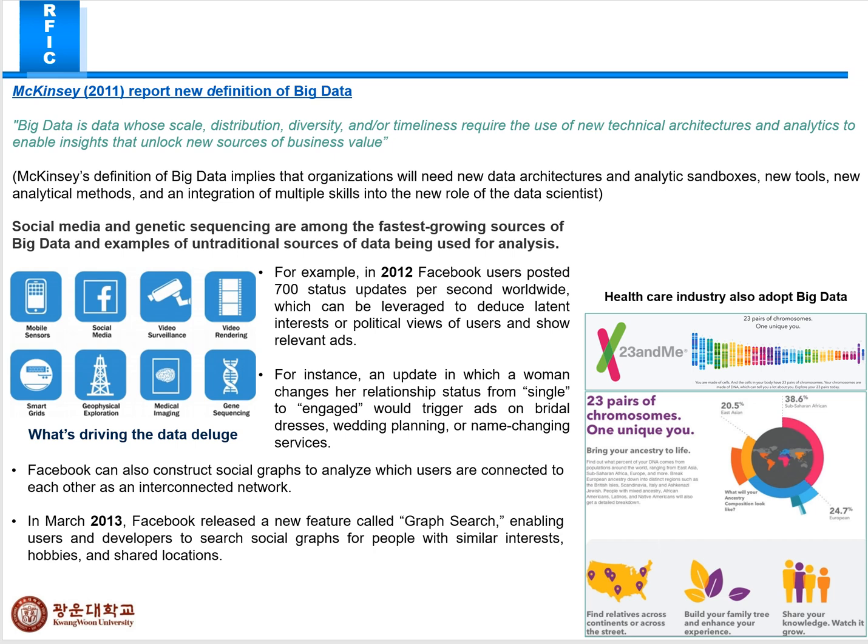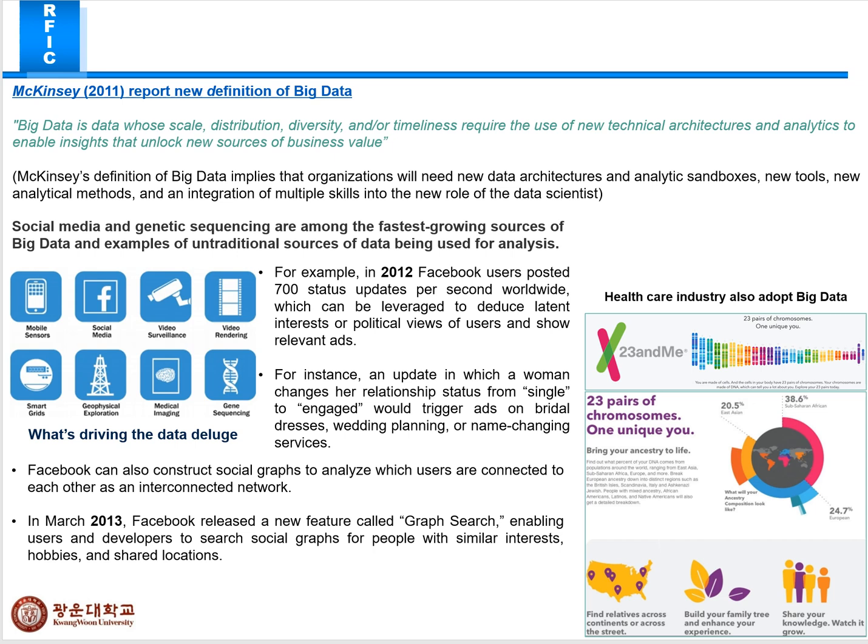For instance, an update in which a woman changes her relationship status from single to engaged triggers ads for bridal dresses, wedding planning, and name changing services. The healthcare industry has also adopted big data, like the 23 pairs of chromosomes of one unique you. In March 2013, Facebook released a new feature called Graph Search.